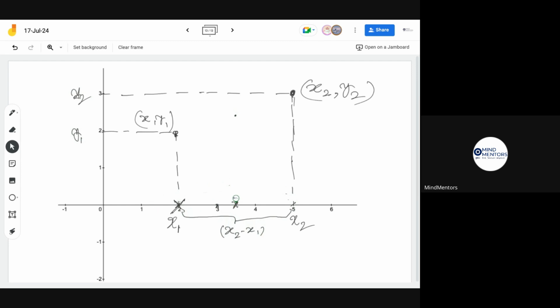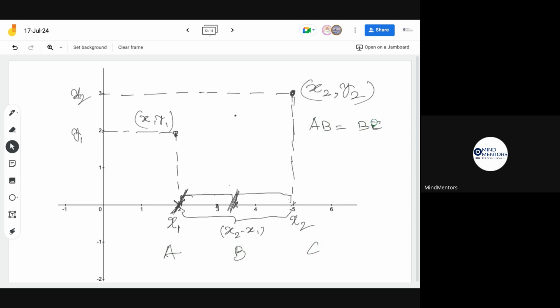The midpoint will be equidistant from here and equidistant from here, which means the distance from this point to this point, let's say A, B, C, right? So AB and BC have to be equal, right? So that B is the midpoint.